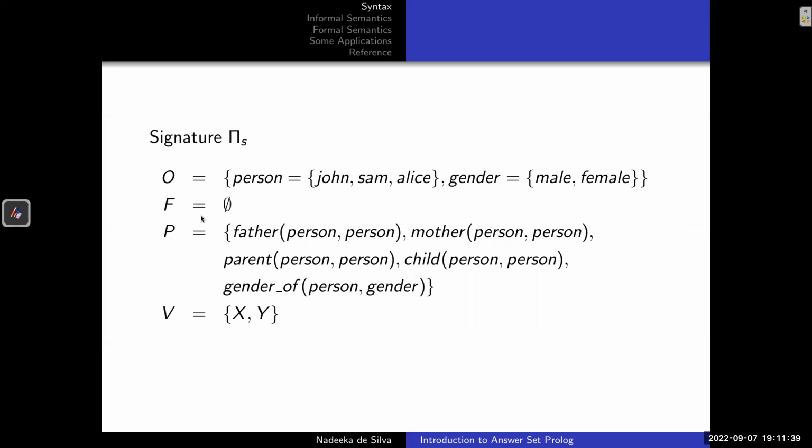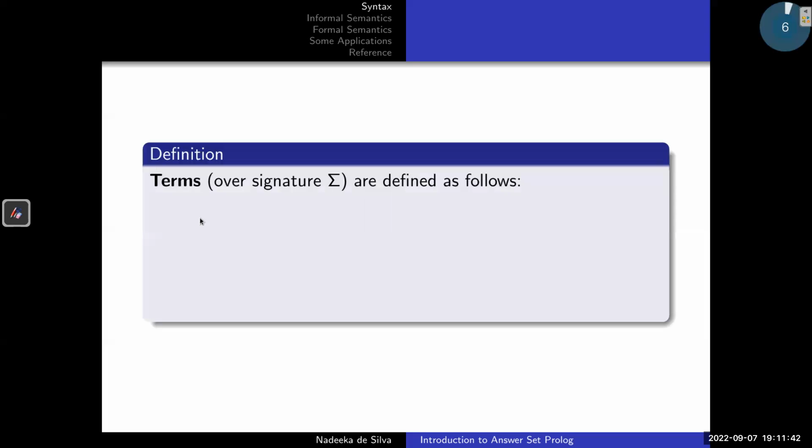Okay, so the next important thing is terms. Terms over a signature sigma are defined recursively.